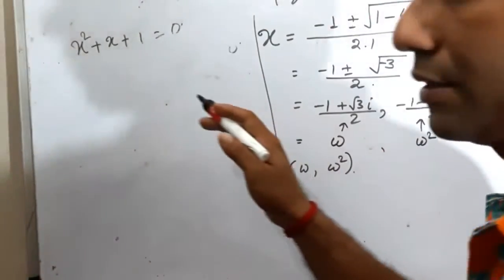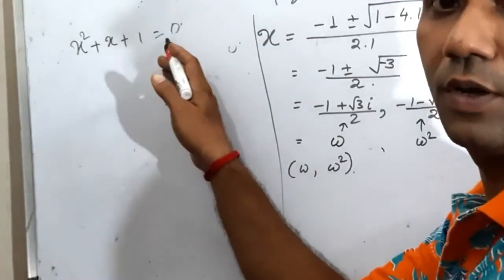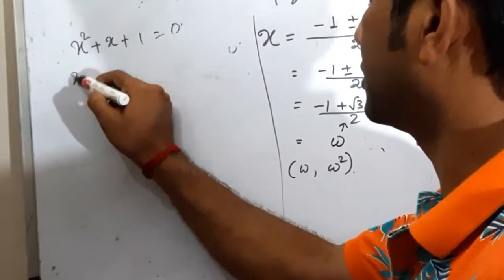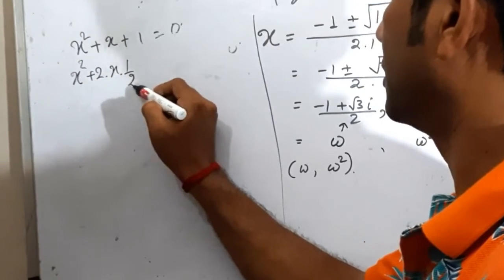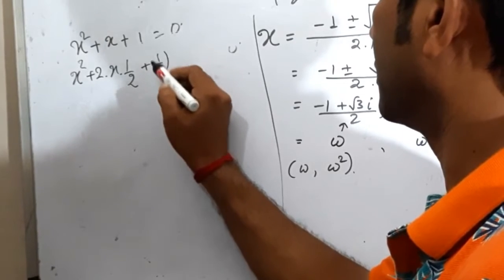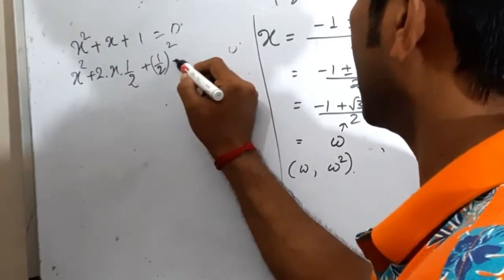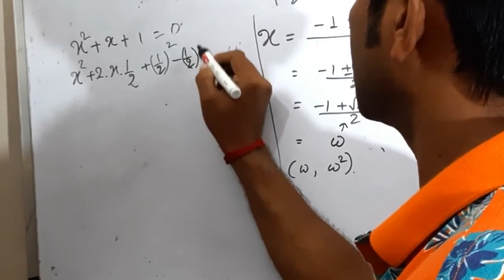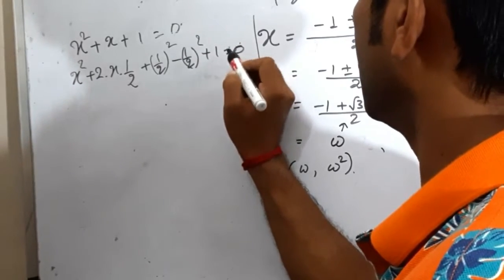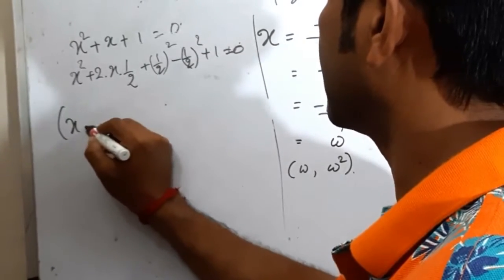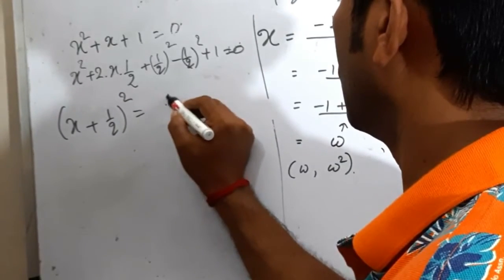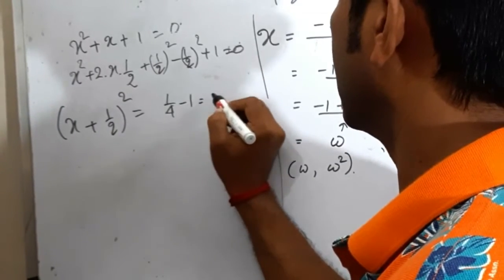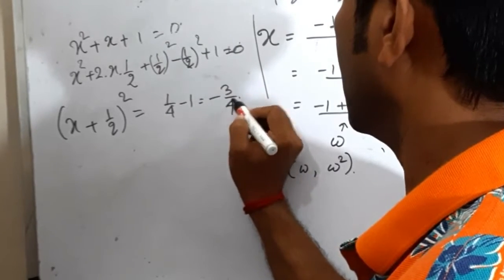You can solve it in another way. x square plus x plus 1 is equal to 0. That means x square plus 2 into x into half plus half square, after balancing this half square, that means minus half square plus 1 is equal to 0. That means x plus half whole square is equal to 1 by 4 minus 1, that means minus 3 by 4.